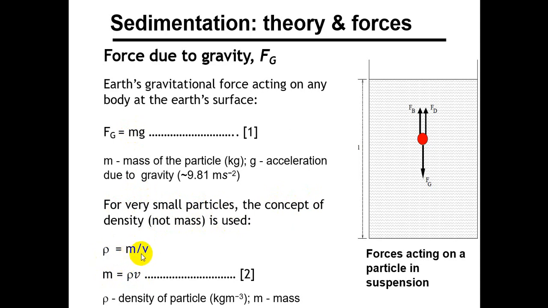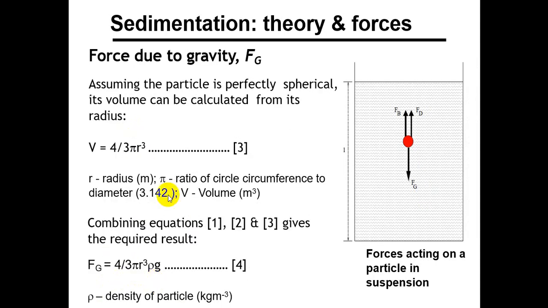Density is equal to mass over volume. If we want the mass, we make mass the subject, giving us density times volume. So we need the volume, and this is the volume.